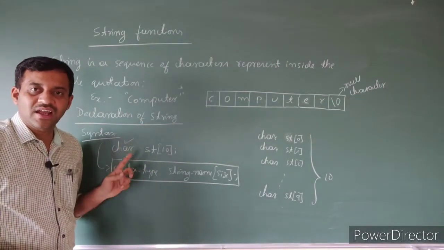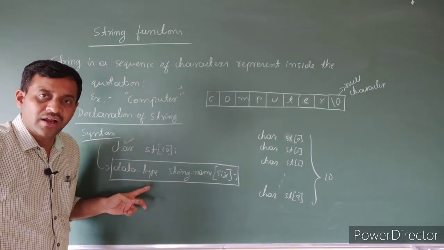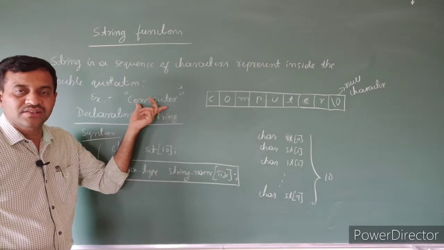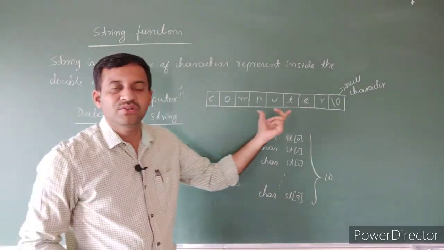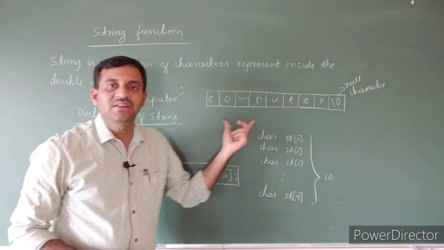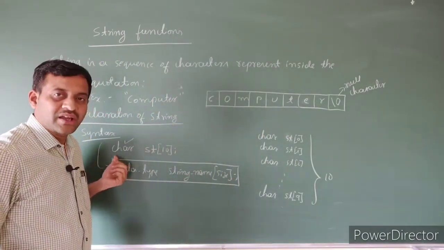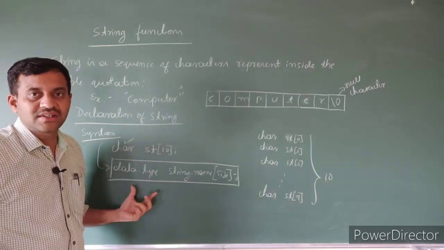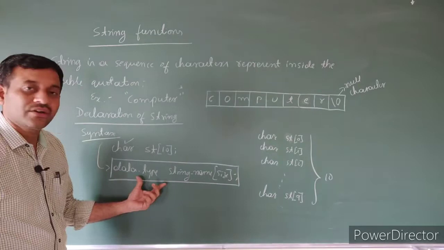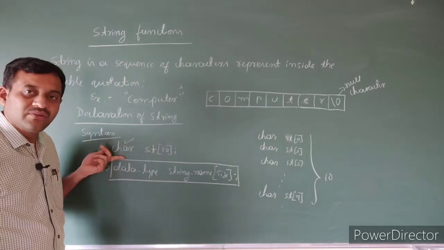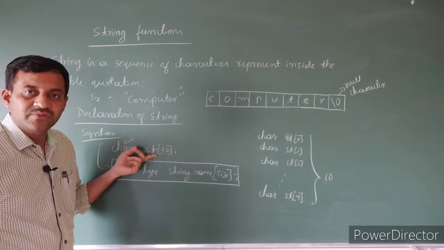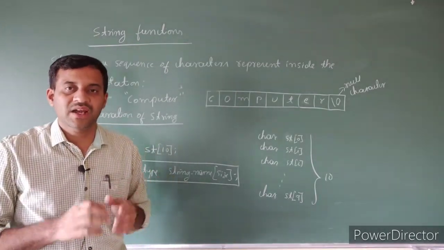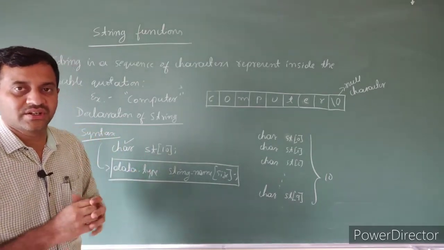Then the string is a character array. Why? Because a string has a sequence of characters, and to represent a sequence of characters we use a one-dimensional array of the type character. Hence, the string is also called a character array. So this is the declaration of a string variable: the data type is always character, then the name of the string followed by the index value. The index value represents the number of characters for the given string.